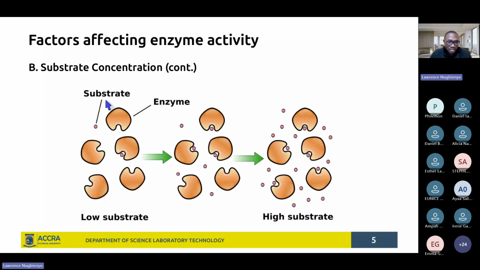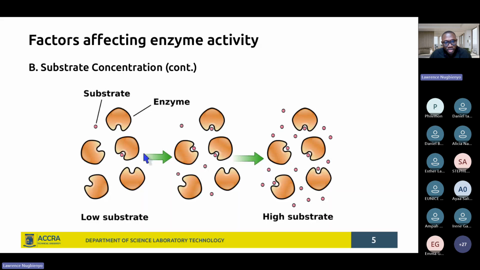So which means the substrates should bind to the enzyme for the enzyme to catalyze the reaction. In the beginning, you see you have less amount of substrates, which means you have some more enzyme molecules which are free. So you see free enzyme molecules.